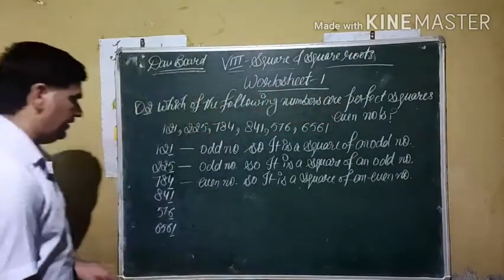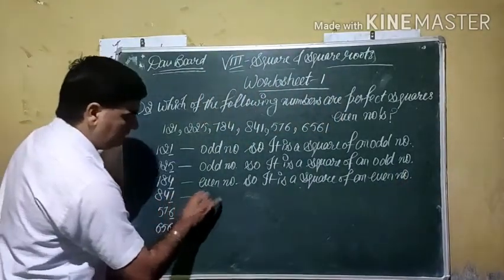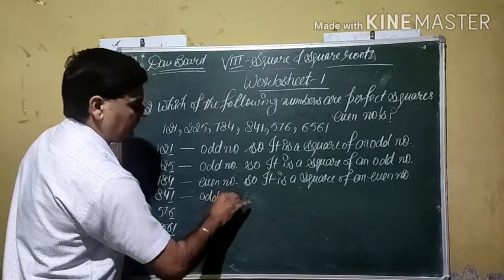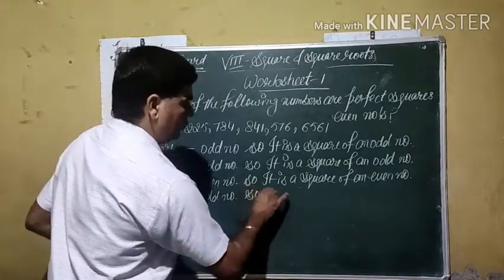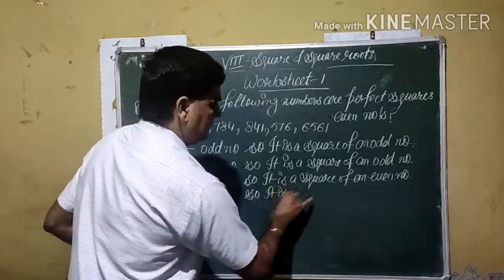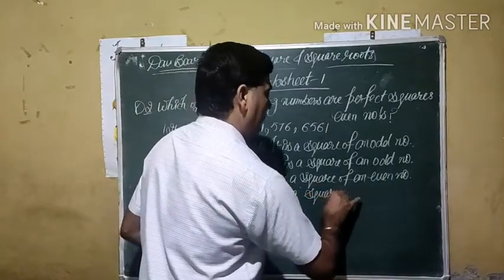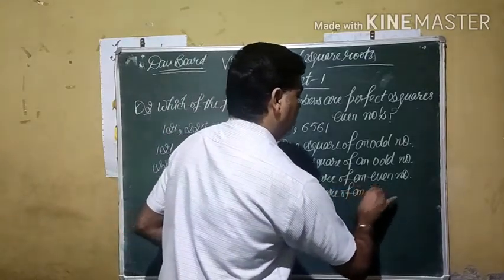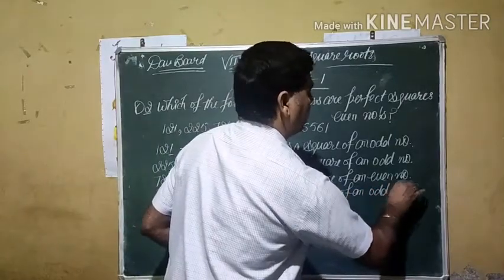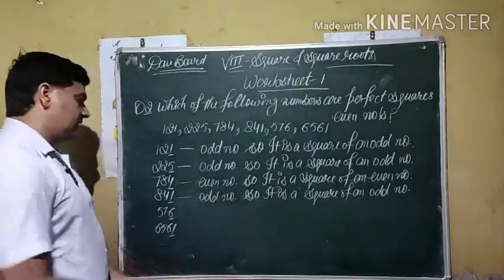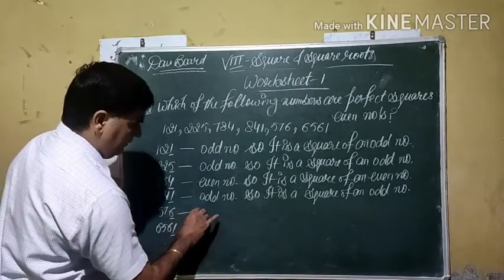Next, if you see here, 1 is an odd number, so it is a square of an odd number. Next, if you see 6, it is an even number.